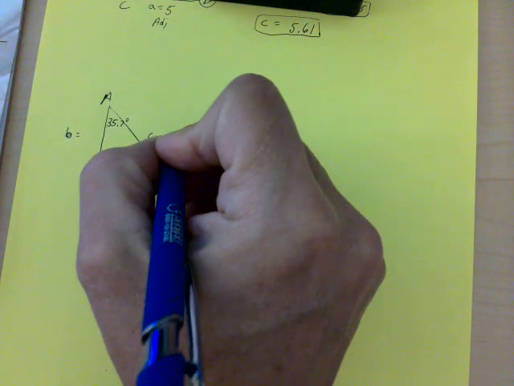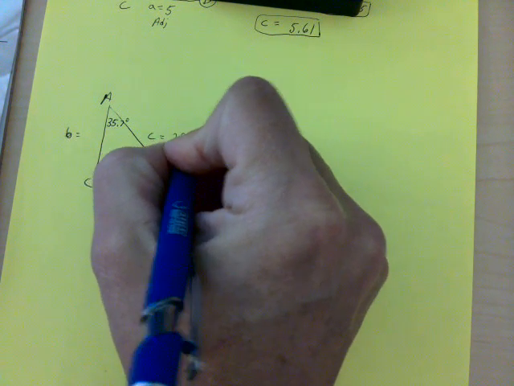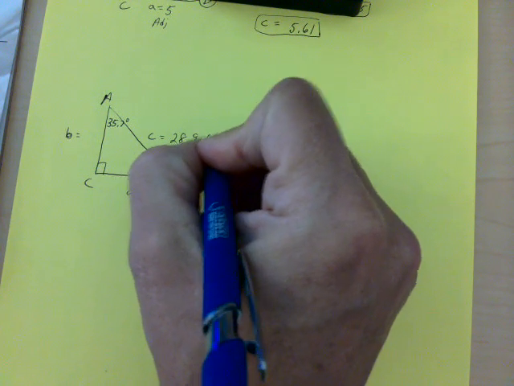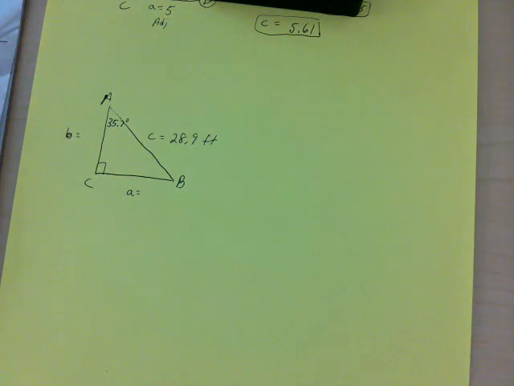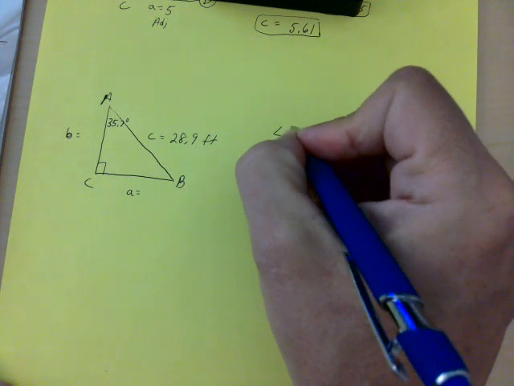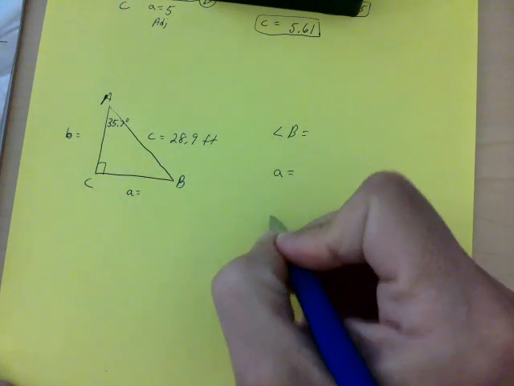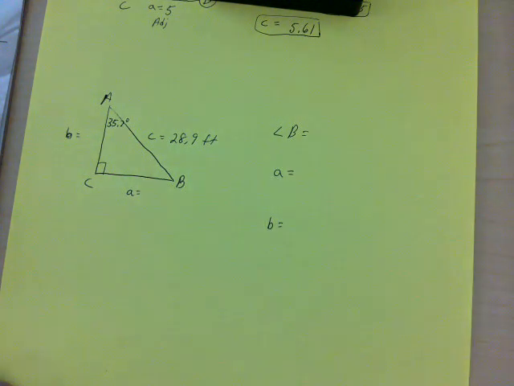Let's do 28.9 units. Well, actually, we'll even use feet this time. So that's what I'm given. On a test, I would need to know angle B, I would need to know side A, and I would need to know side B.